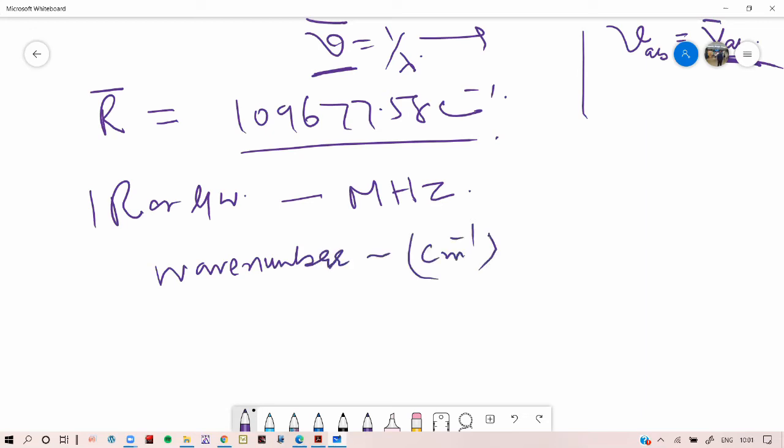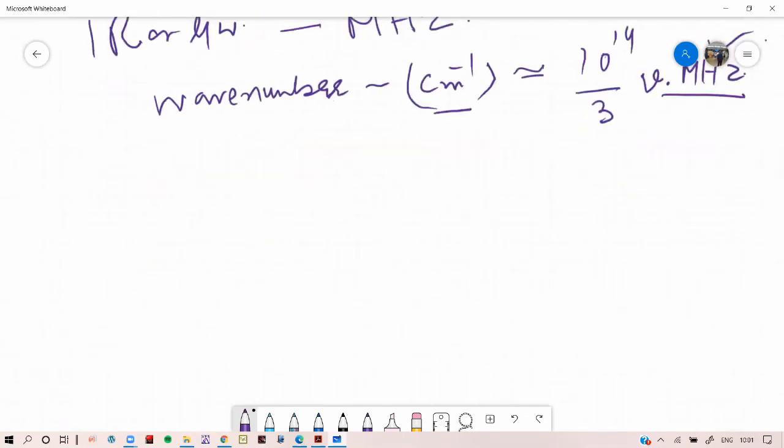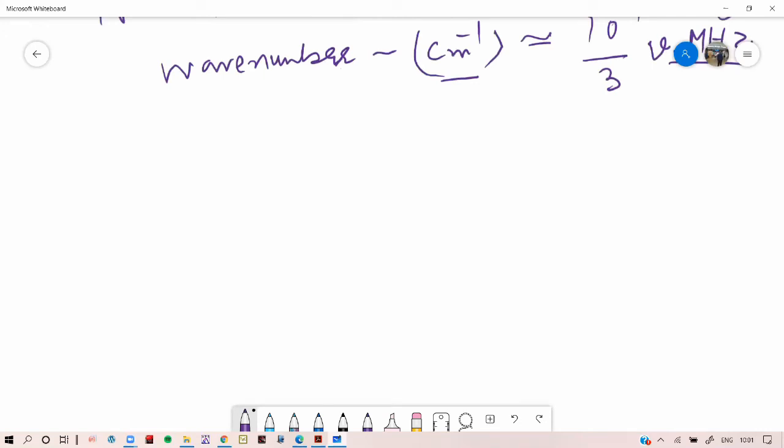Its unit is 1 by lambda. 1 by lambda is the inverse of distance, so that is centimeter inverse, and it approximately comes out to be 10 raised to the power 14 by 3 times the frequency in megahertz. 10 raised to the power 12 is for megahertz. The 14 comes from converting centimeter into the SI unit meter; that 2 comes here, that's why it comes 14. And they have converted it into the megahertz range, where the velocity of light has been taken as c, 3 into 10 raised to 8 meter per second.